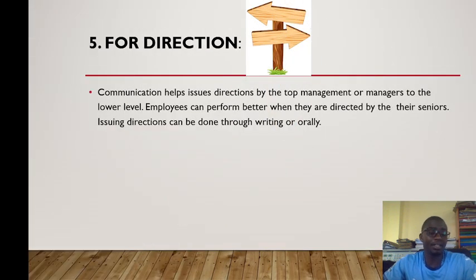Then we have the fifth. Communication is used for direction. In an establishment, the top management or managers need to give directions on various tasks or various activities so that employees or the staff can perform better, and they will perform better if they are directed by their seniors, that is by issuing directions or instructions that can be done through writing or orally, which will really enhance the tasks.